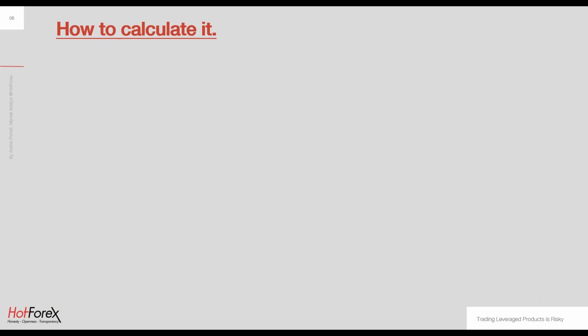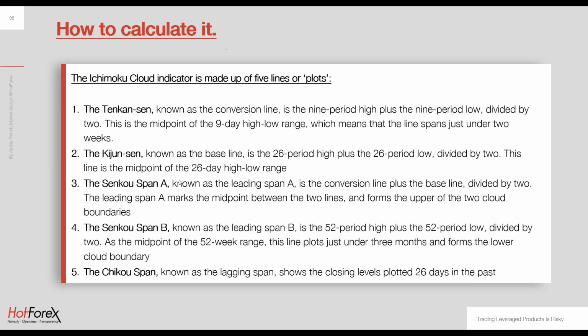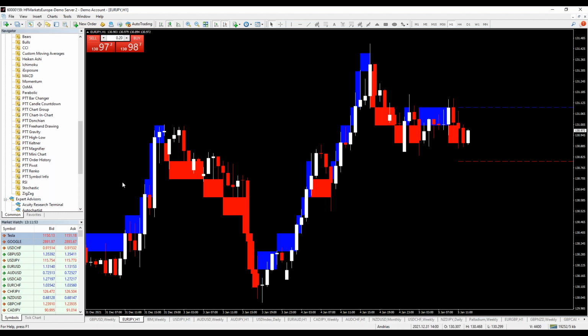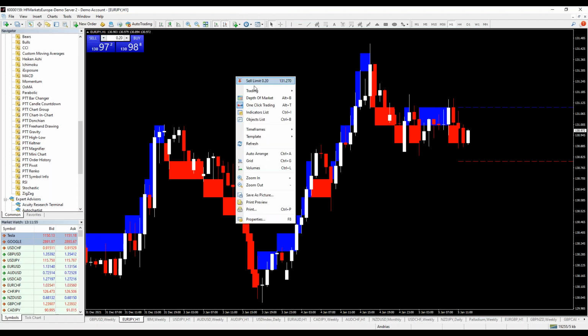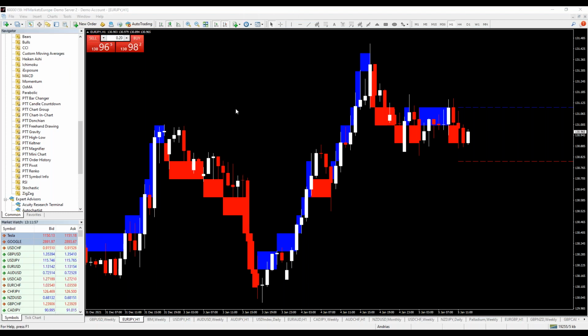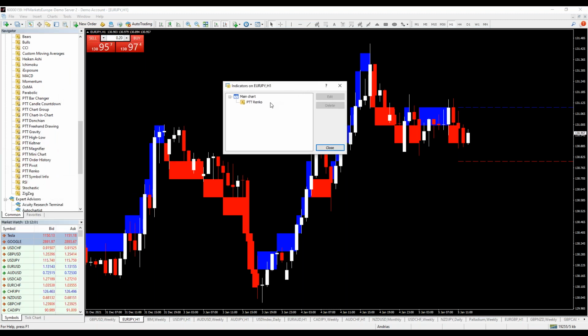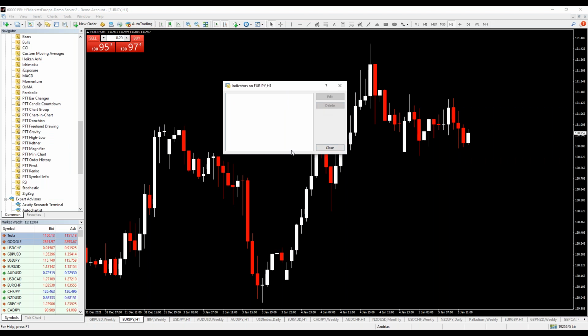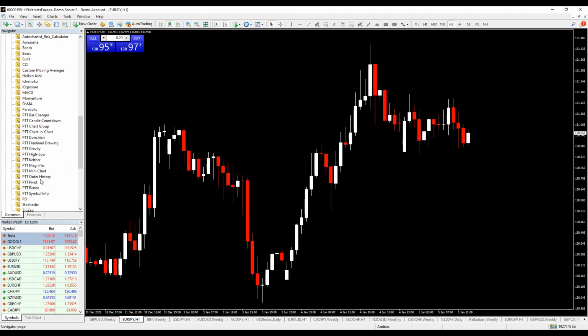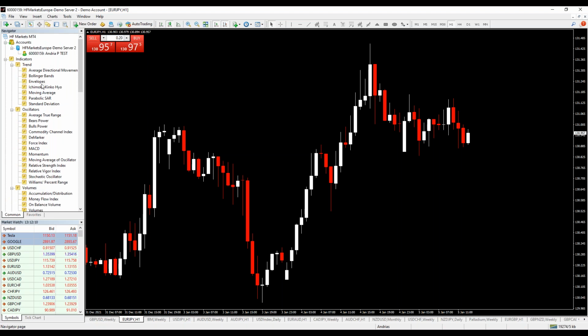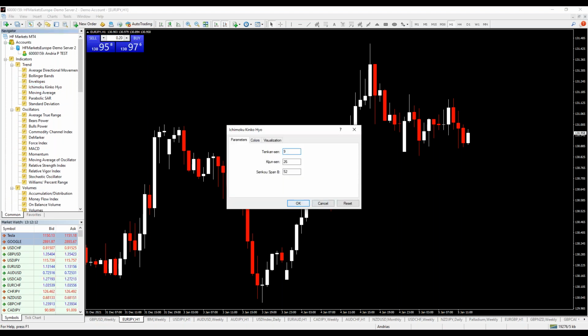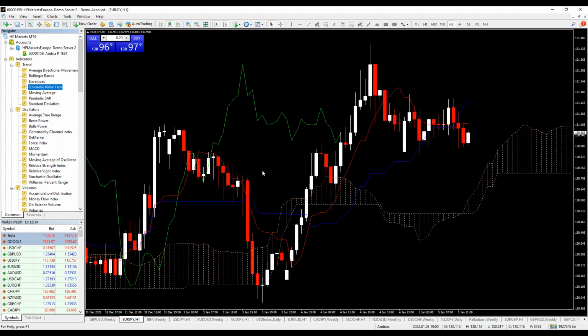Or actually, by having this on, I can show you in the MT4. This is Renko, so I will delete Renko for now and put the Ichimoku back on, so we can take the lines one by one together. This is the Ichimoku I have applied.